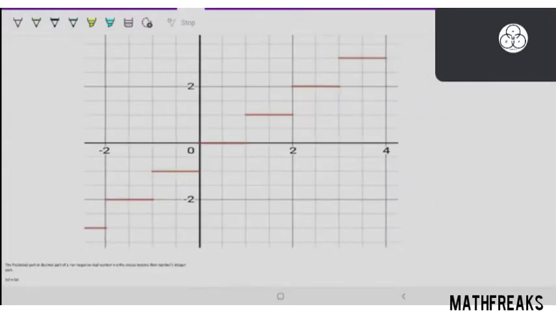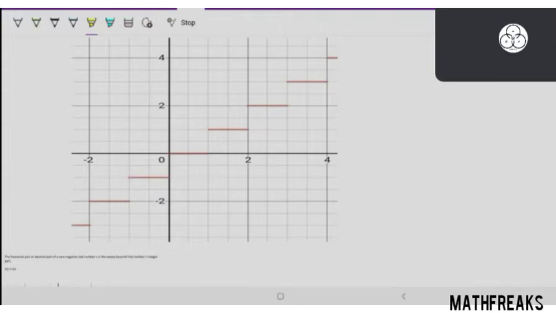Now let us mark all the discontinuous points in this graph. This point, this point, this point, this point, this point, this point, this point. If we draw a straight line, then this will be a straight line, I guess.